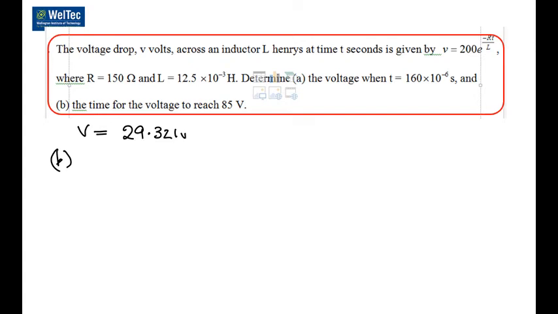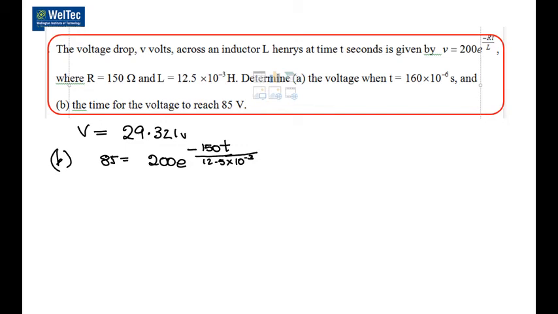We know what the voltage is, so we can use the formula to say that 85 is equal to 200 e to the negative 150 t over 12.5 times 10 to the negative 3.